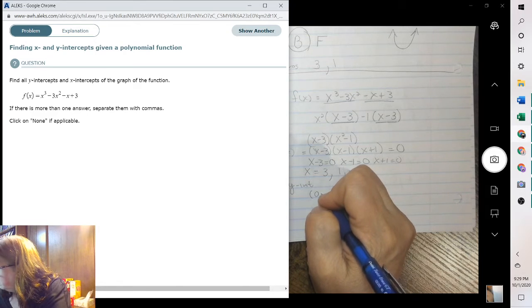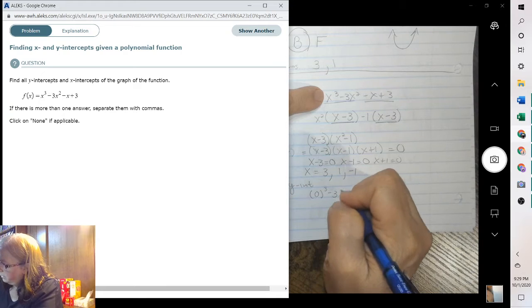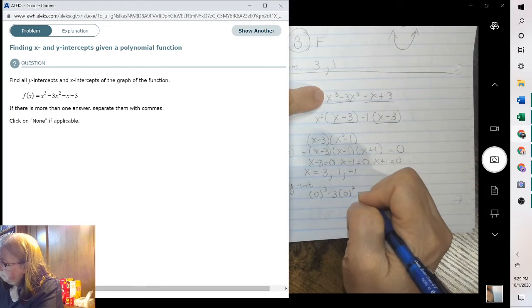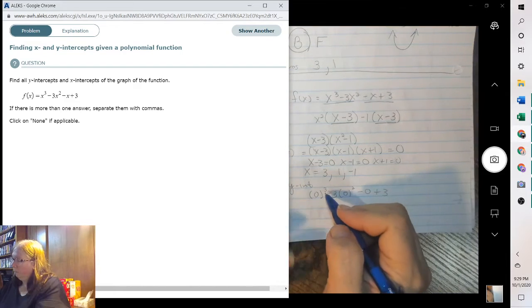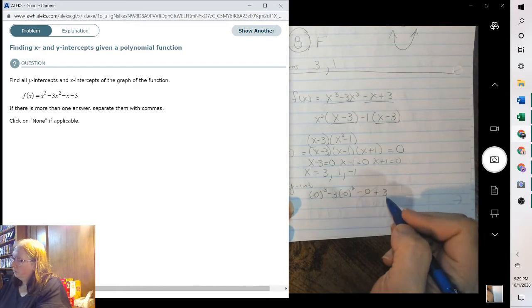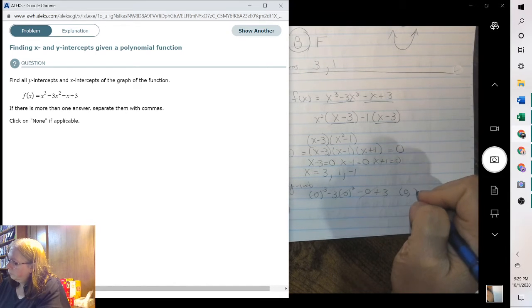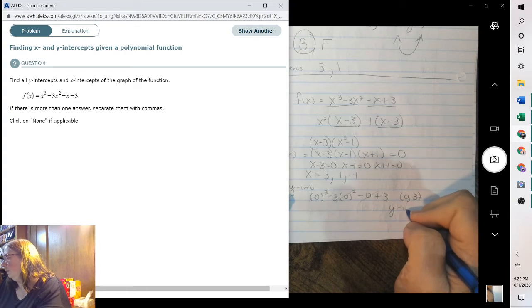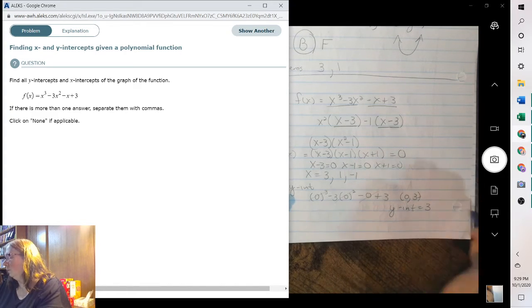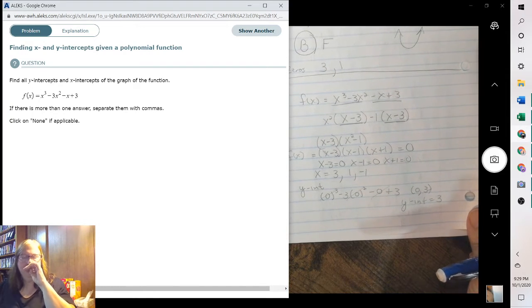You could put it in here if you want: 0 cubed, minus 3 times 0 squared, minus 0 plus 3. Notice it's your constant. Depending on how they want it written, either that point or y-intercept equals 3. But those are your x and y-intercepts.